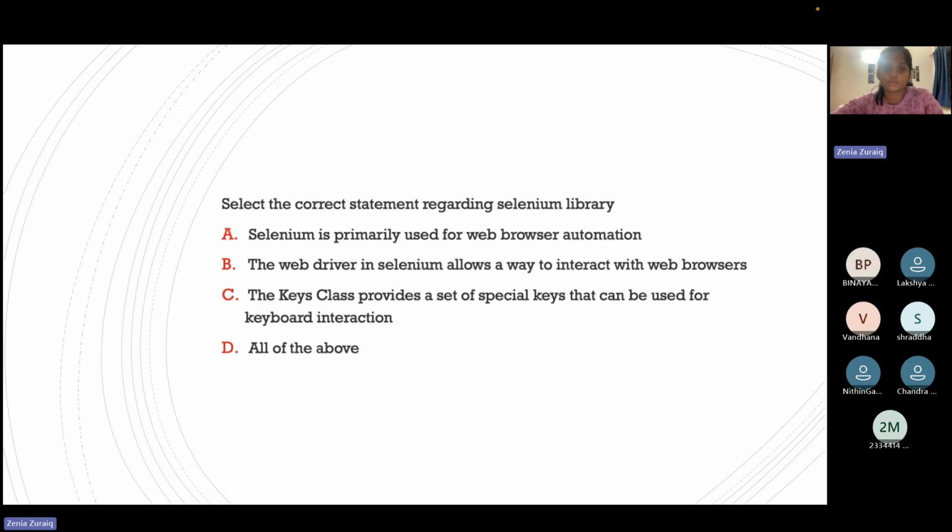So here is the first question. This is a straightforward question about your Selenium library, which you have seen this week. Please put your answers in the chat, everybody. Okay, I see two people say D. Any other answers?